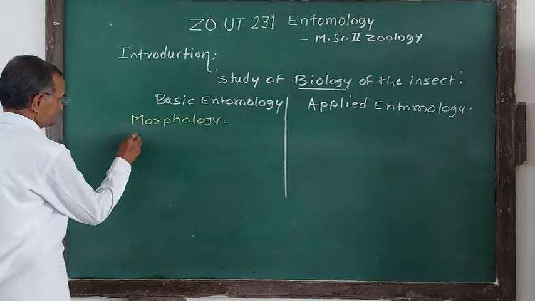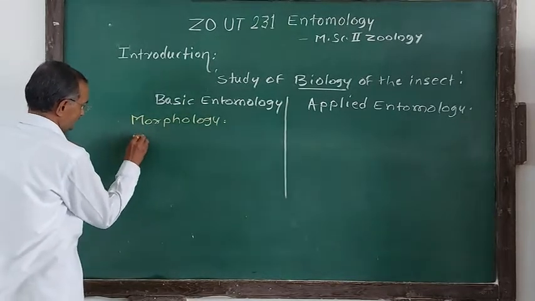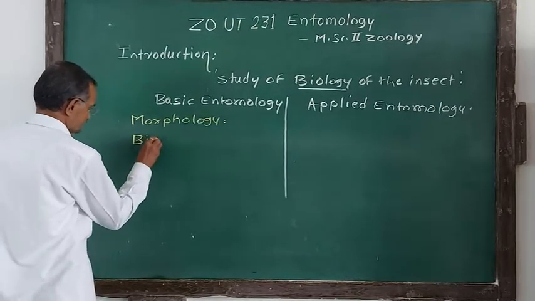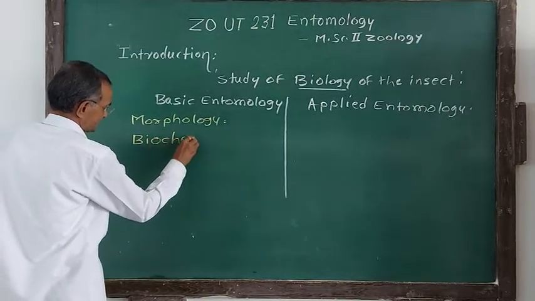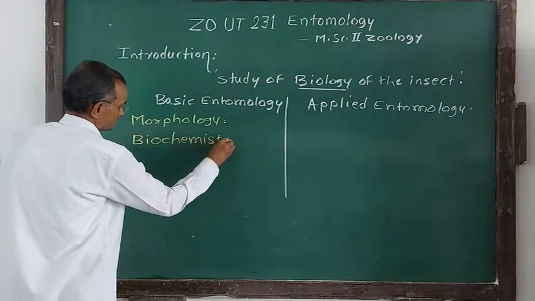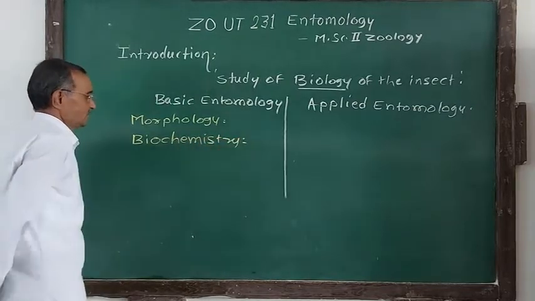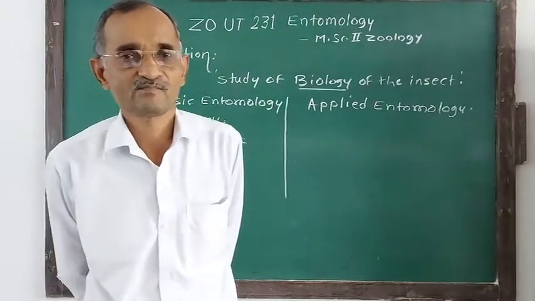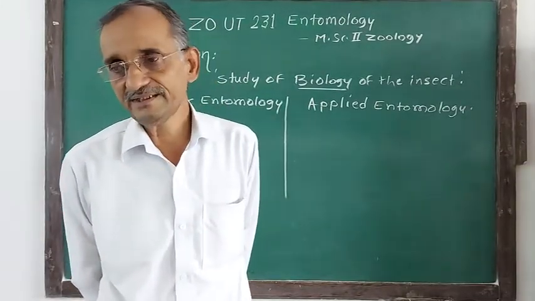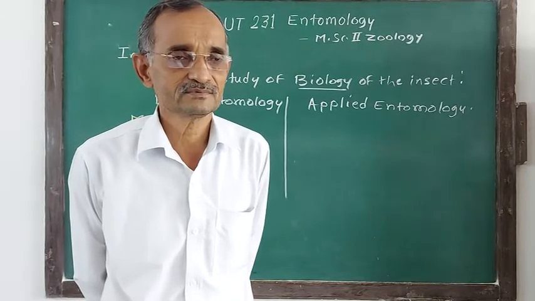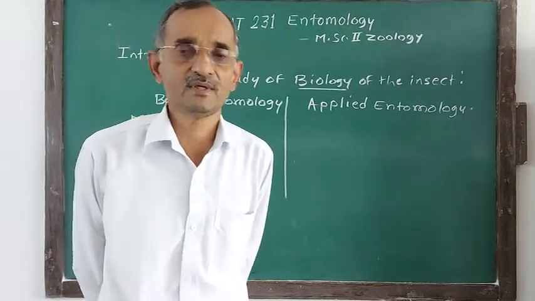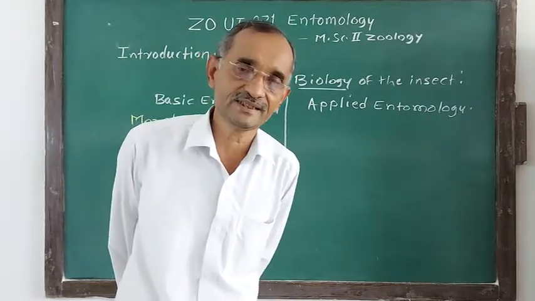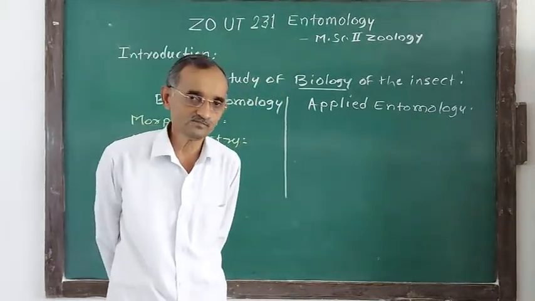Basic entomology also includes the biochemistry of the insect. What does it deal with? It deals with how biochemically the digestion of food material, which we call metabolism, occurs inside the alimentary canal of an insect.